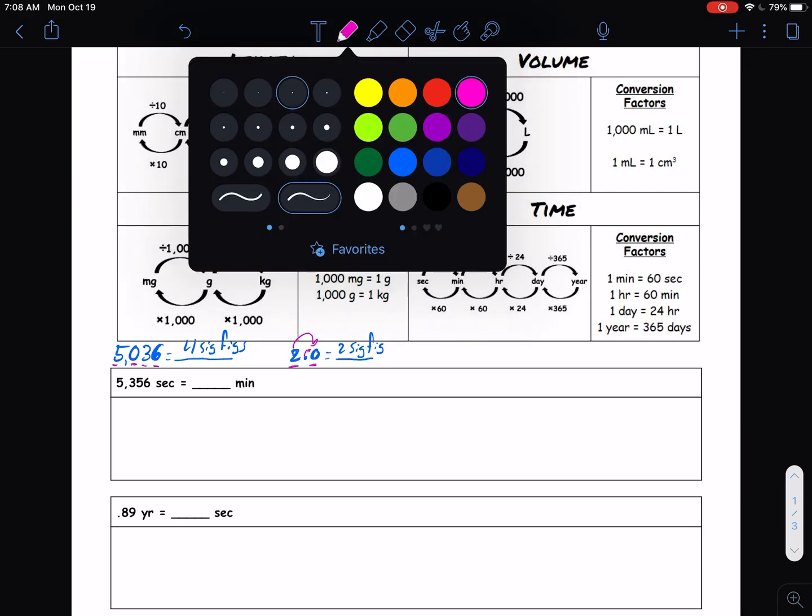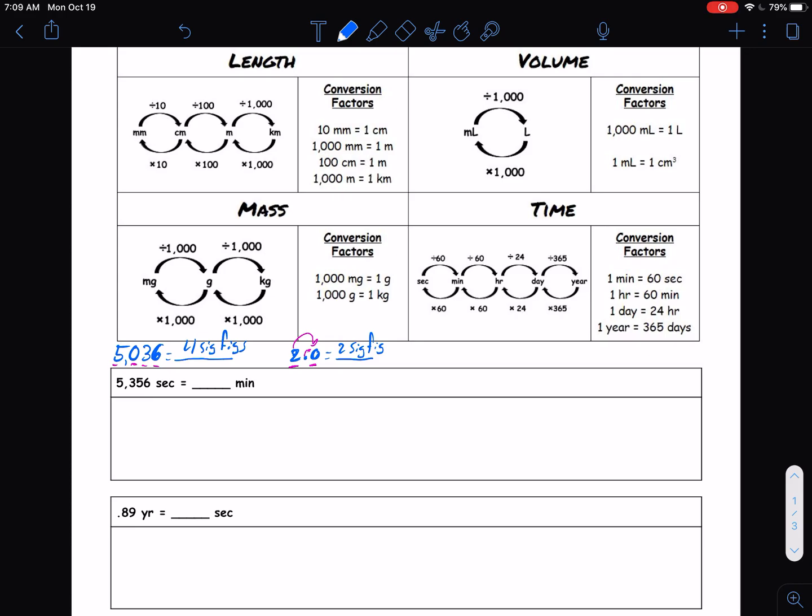And then the other review thing real quick would be going through scientific notation. How would you write 5,270,000?